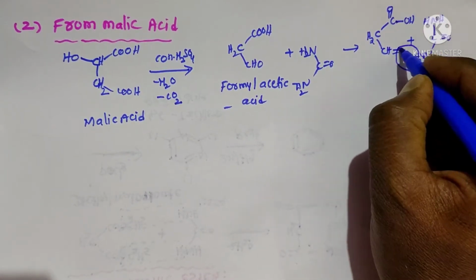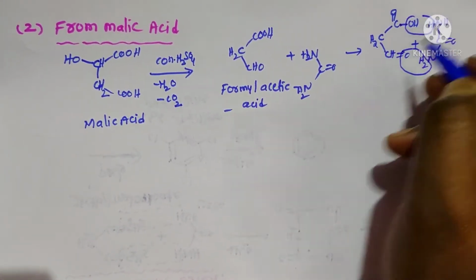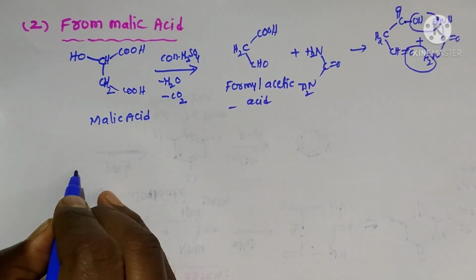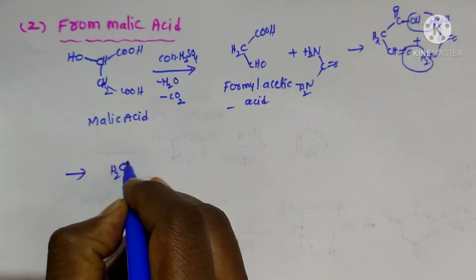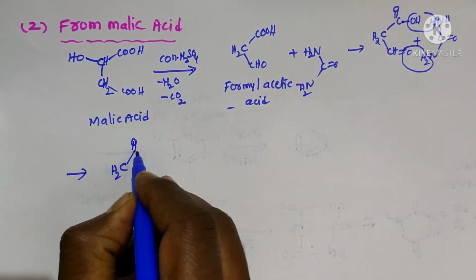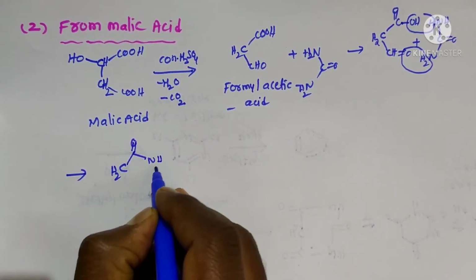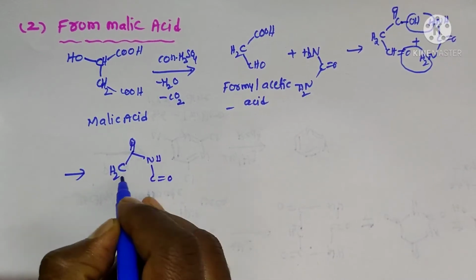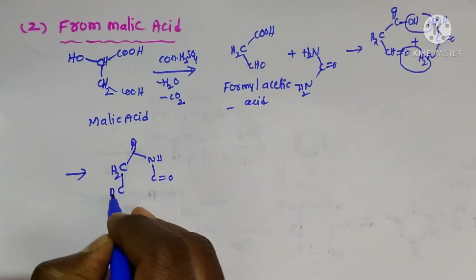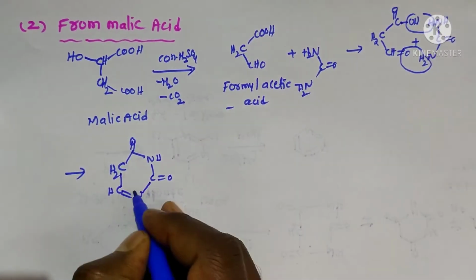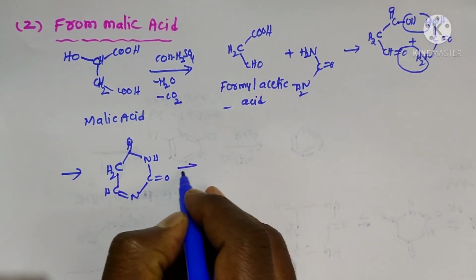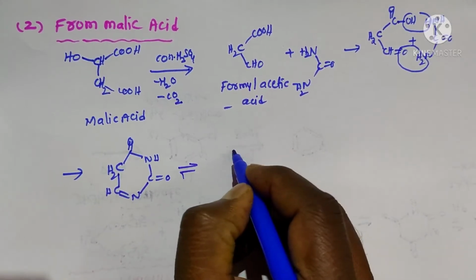So here water goes outside, and here also water goes outside, and as a result we get this condensed product, CH2, C double bond O, NH, C double bond O, and CH double bond N. Now this undergoes tautomerism and we get this one.